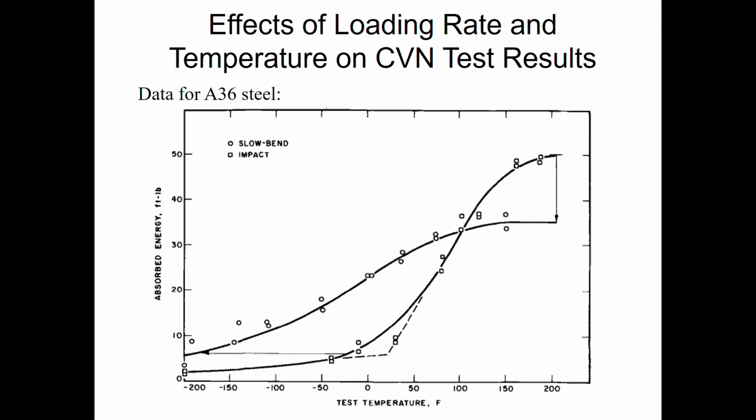Okay, the effects of loading rate and temperature on CVN test results. Data for A36 steel. Okay, you see the same plot as well, but this is for the difference in terms of the loading rate, where the indicator for the square is for the impact, while the circle is for the slow bend, and then you can find what is the difference from the point here to here, and what is the shift in temperature based on this plot.